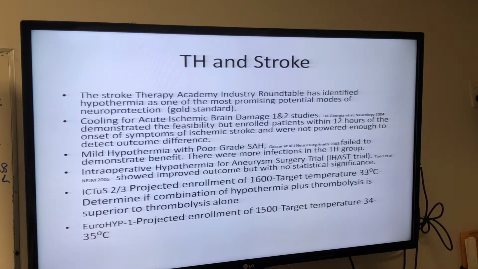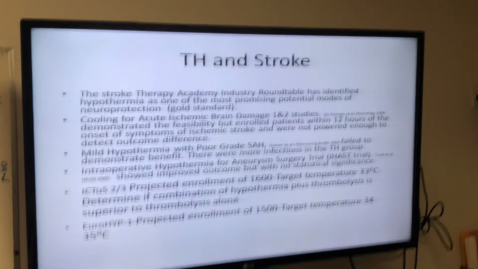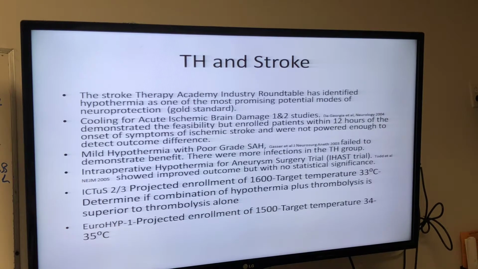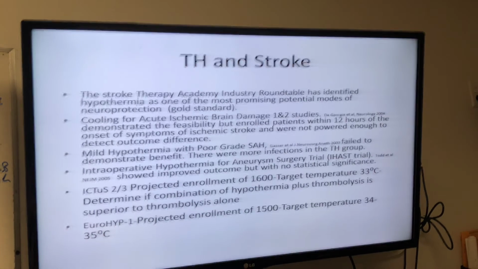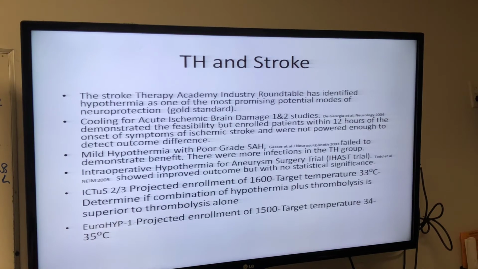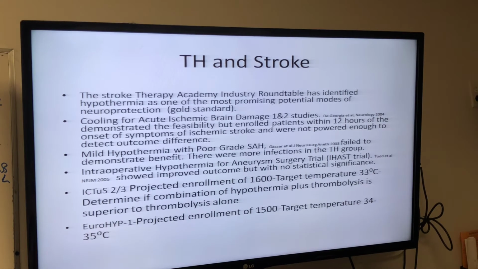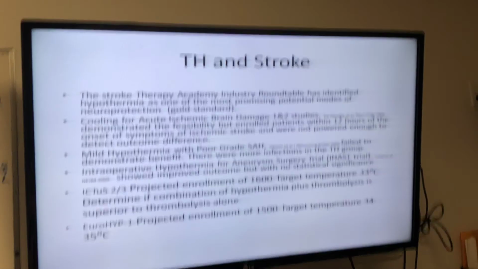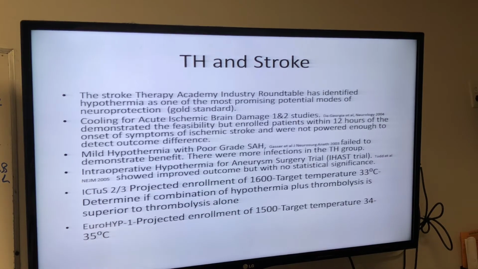There's a neuro-intensivist in New York who actually does a weird thing. He actually, still until now, cools his patients with stroke using an Arctic Sun. And they're awake. So really intense cooling, right? But then he puts a Bair Hugger on them. So the Arctic Sun is much stronger than the Bair Hugger. It makes the core temperature drop so much.